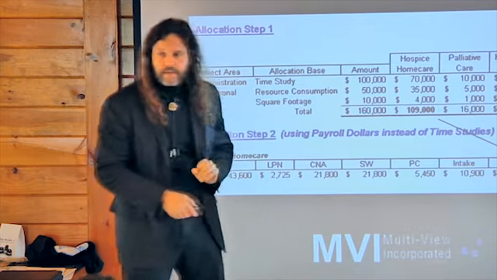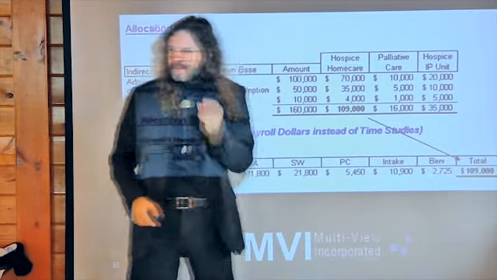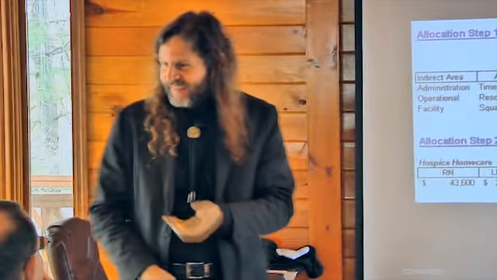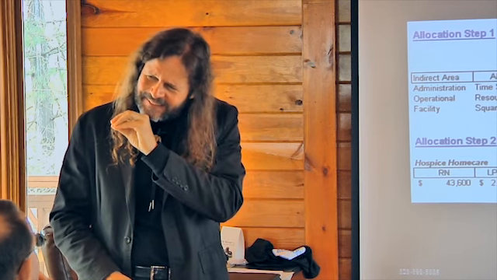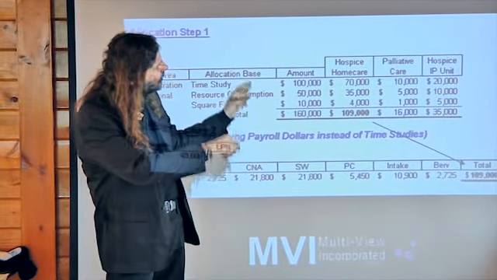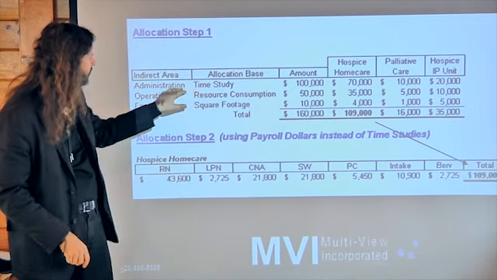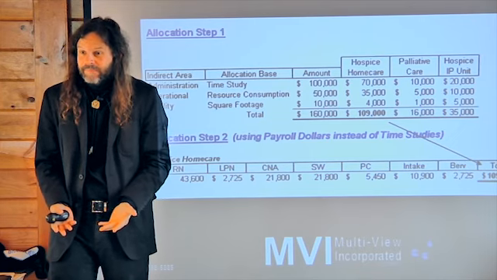And this is a complicated hospice. If you're a pure play hospice, without these other things, this becomes almost as easy as direct costs. But if we're a semi or a complicated hospice, we've got to do some type of allocation. So in this case, we have hospice home care, we have palliative care, we have an inpatient unit. Administration, how much time do you spend dealing with your palliative care program?